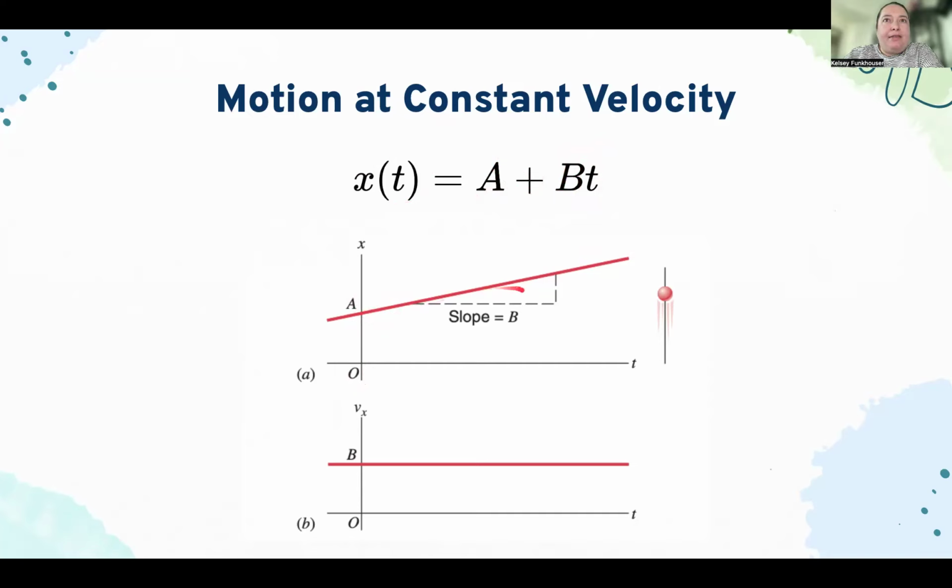And then we have this positive slope, and the slope of this line is B. Because again, velocity is the time derivative of position, the slope of the line is velocity.